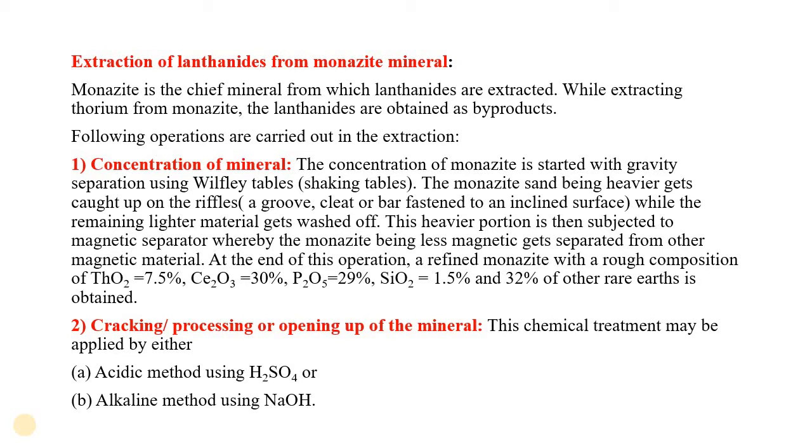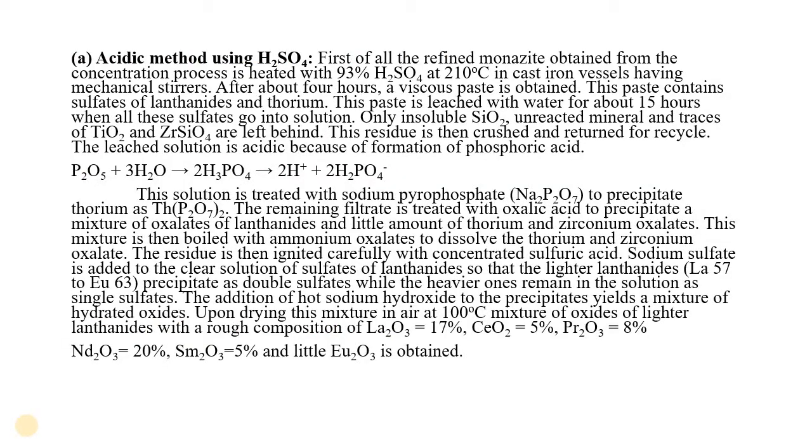The next step is cracking, processing, or opening of the mineral. Opening of the mineral means the removal, the extraction of the desired component from the ore. This chemical treatment may be applied by either the acidic method using sulfuric acid or the alkaline method using NaOH.